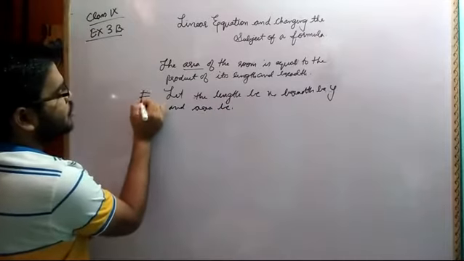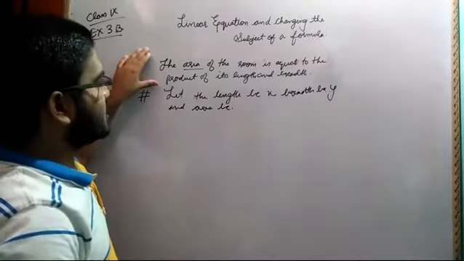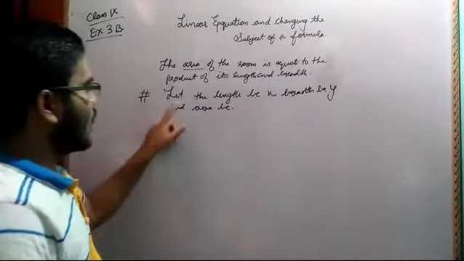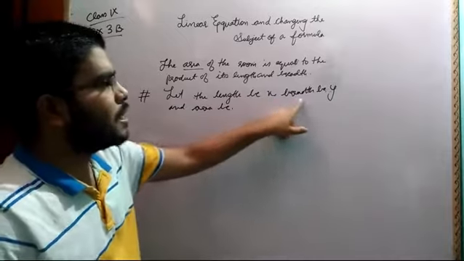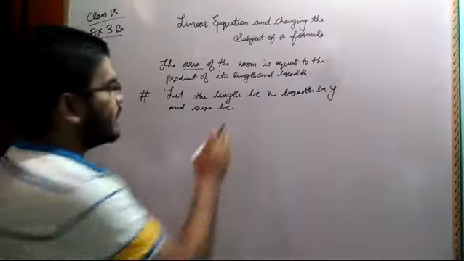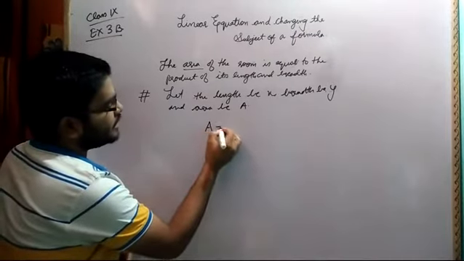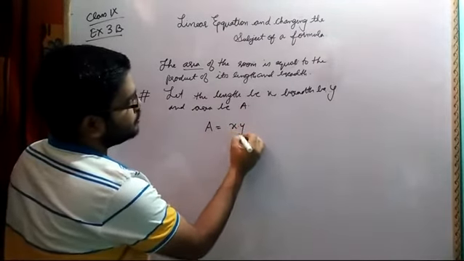Okay, this much we have to assume for our solution. This is our problem. The area of the room is equal to the product of its length and breadth. So I have to assume let the length be x, breadth be y, and area be capital A. Then according to this statement, we can write area is equal to x into y.